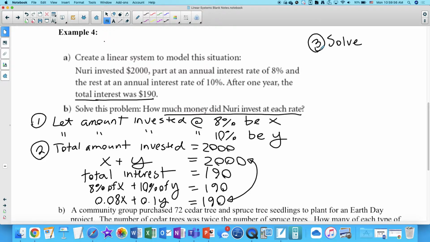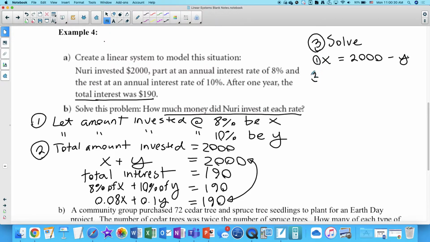Which equation would you choose, the first one or the second one? The first one, because it's x plus y, so it's pretty easy to isolate either x or y. I'm going to isolate x because I wrote it first. If I subtract y from both sides, I have x equals 2,000 minus y. So that's the first thing in substitution.